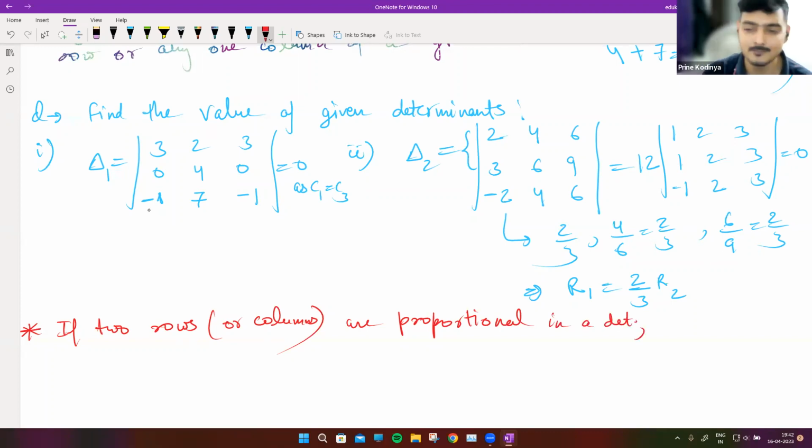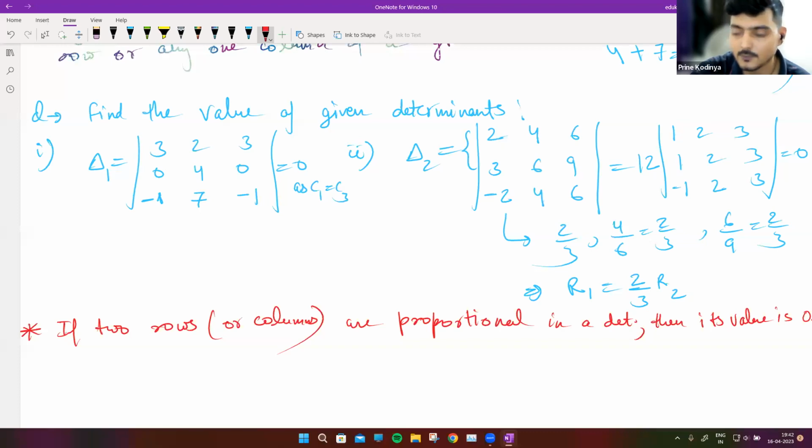Because if you take the common factor out, then one of them will become 0. This is your fourth rule.